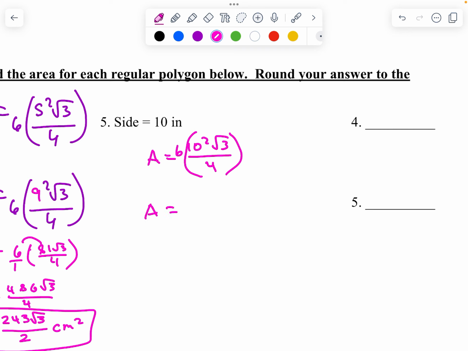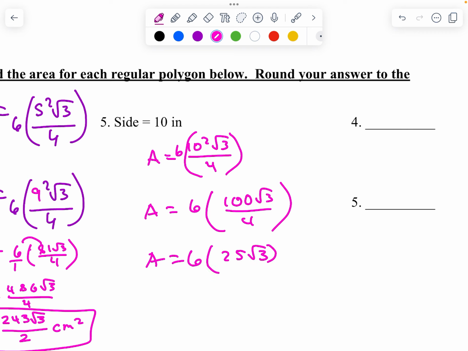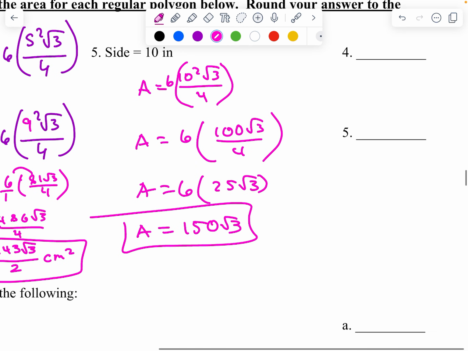So the area would be 6 times 100 root 3 over 4. 100 root 3 over 4 can be simplified to 25 root 3, and then multiply 25 by 6, and we'll get 150. So my total area of this hexagon is 150 root 3. And this is inches squared.